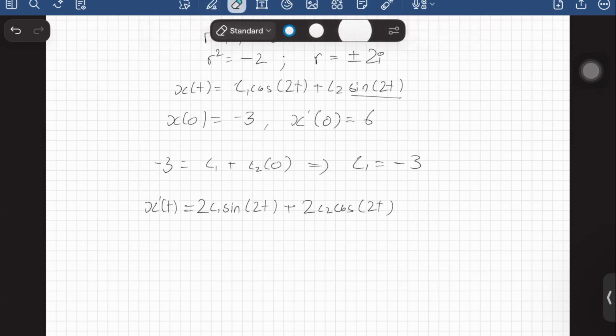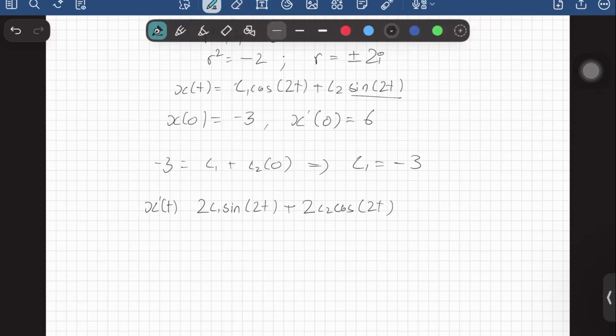I just missed the negative sign over here. We're just going to plug this in: x prime at 0 is positive 6. So that's negative 2 c1 multiplied by 0, because sine of 0 is 0, right?